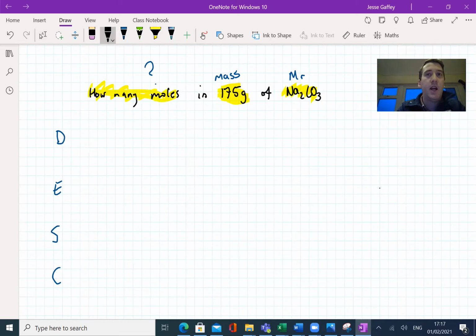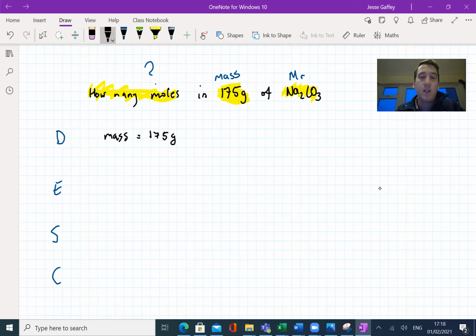So let's fill in the D line, data. D stands for data. So I know my mass equals 175 grams. Notice the way I am doing this, I'm going to follow this method, DESCU, every time. And again, if I do that, I won't go wrong. But if I stray from this, I would lose track of it and I would probably make mistakes.